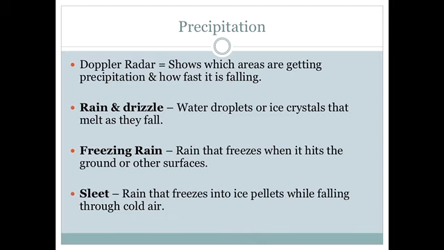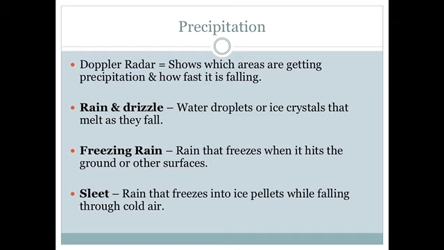Whenever you have freezing rain, it's raining like normal. However, it's so cold out, the surfaces are cold, that when it hits the surface or the ground, it automatically freezes. That's what freezing rain is.